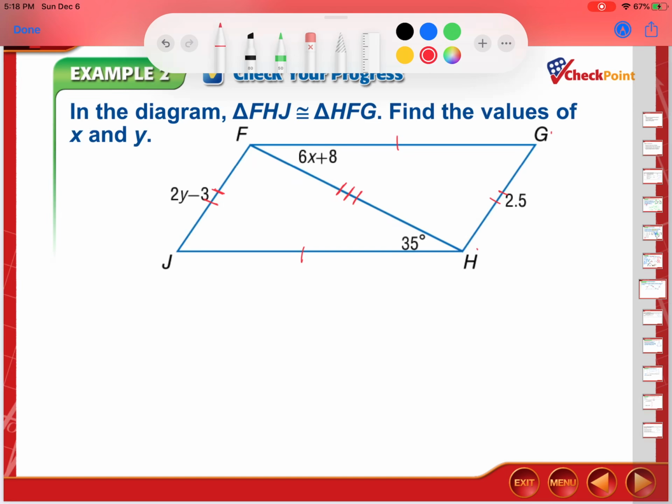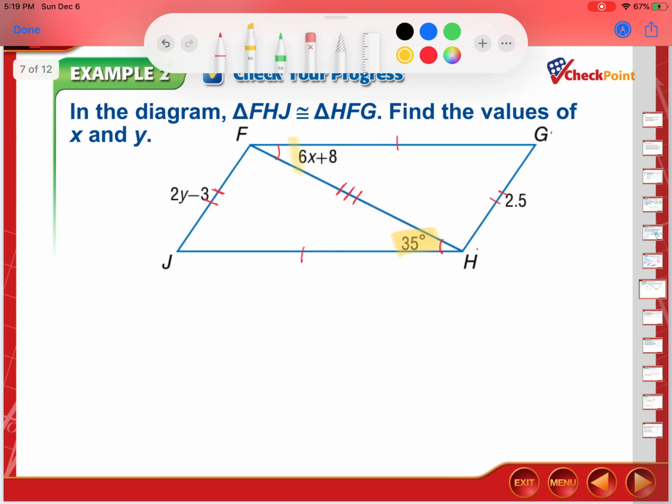Now, for our angles, we're going to be looking at angle H, which is in the second place on the first equation, is going to be the same as angle F. So H is the same as F. Okay, I think that's all the information we need. Yeah, it looks like it.